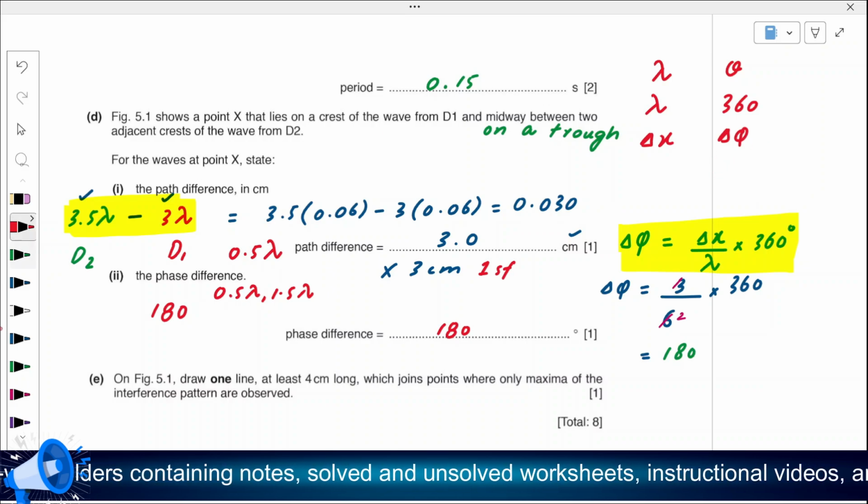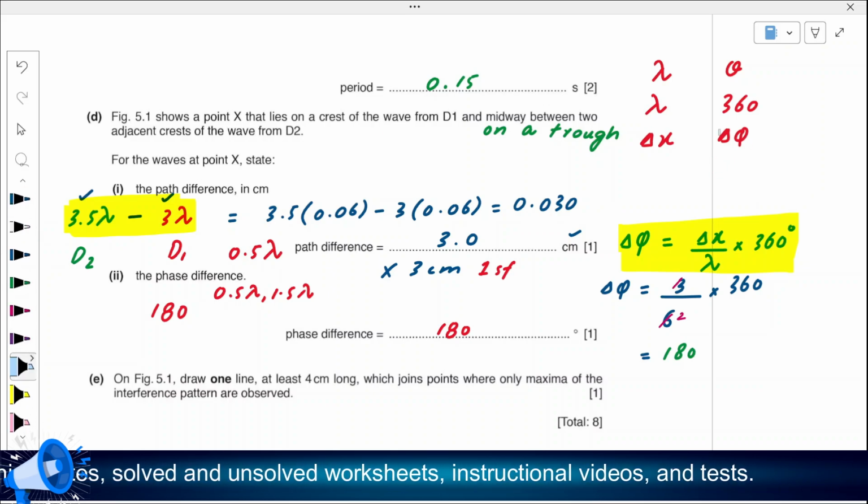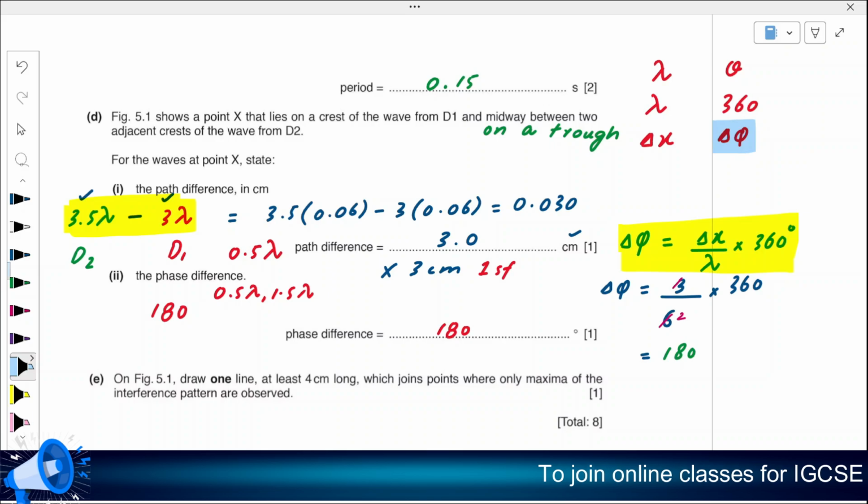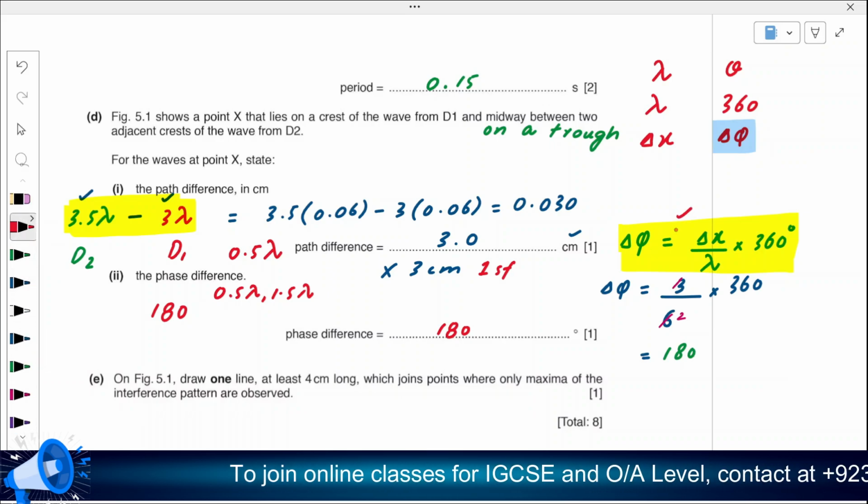And then you can cross multiply to make delta phi the subject, and you'll be getting this formula. So it is basically cross multiplication, but if you want to memorize it as a formula, you can.